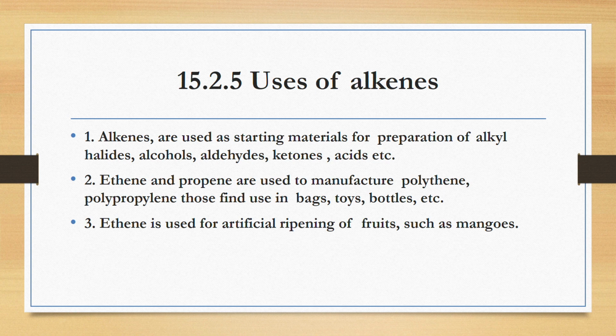Then ethene and propene are used to manufacture polyethylene and polypropylene. Those find use in bags, toys, bottles, etc. Ethene is used for artificial ripening of fruits such as mangoes. So these are some of the important uses of alkenes, and with this we have finished the topic of alkenes.